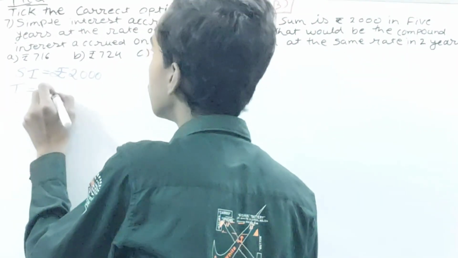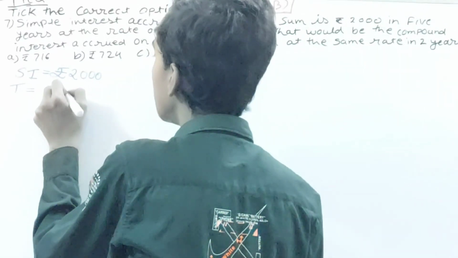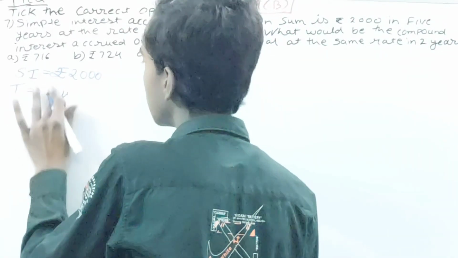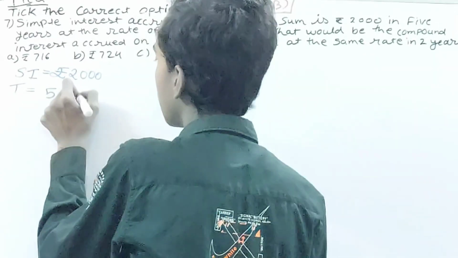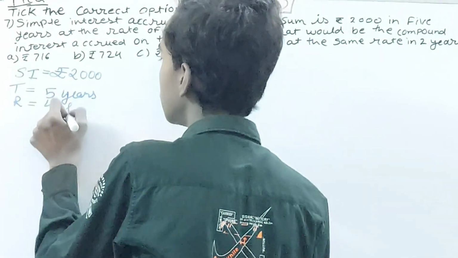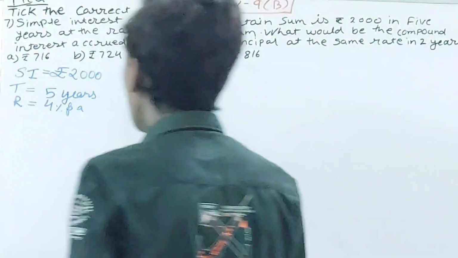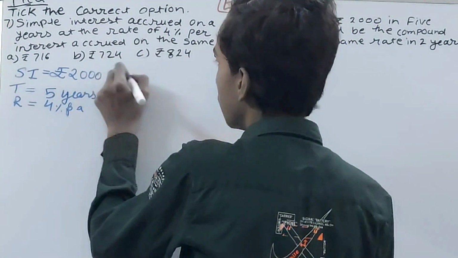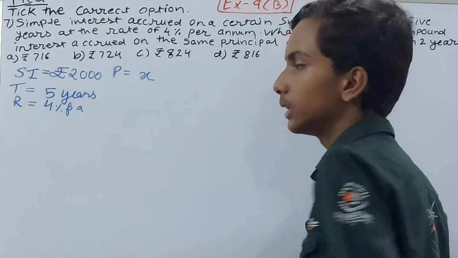The time we know, which is 5 years. The rate also we know, that is 4% per annum. Now the principal we don't know, so I will assume the principal as x.